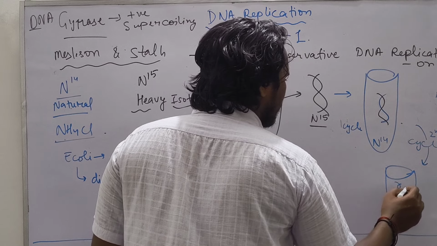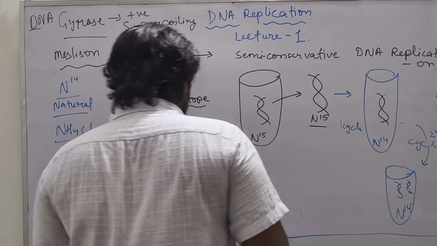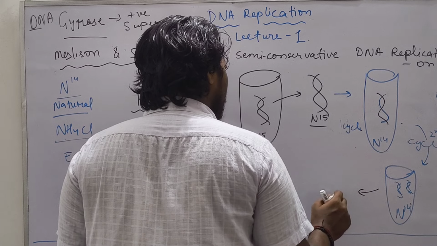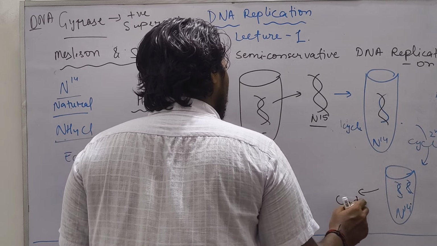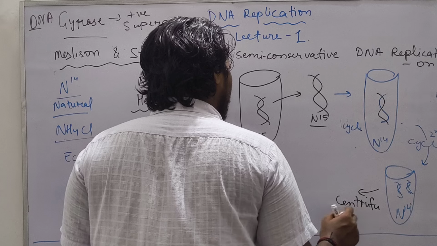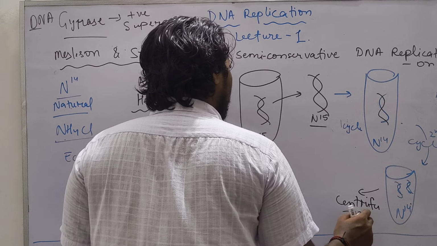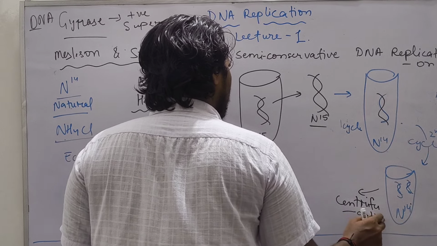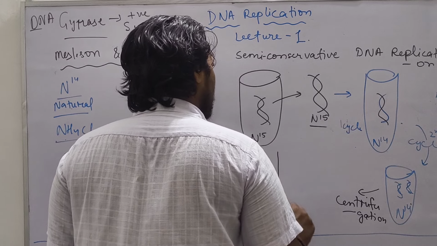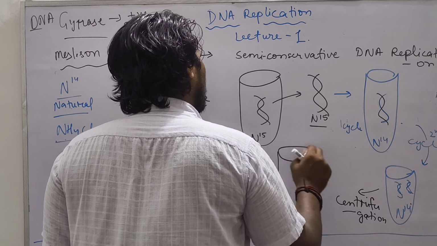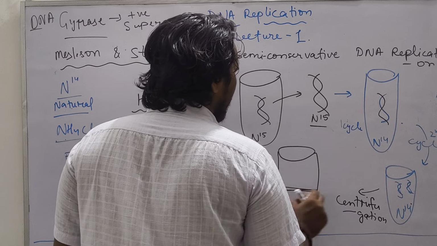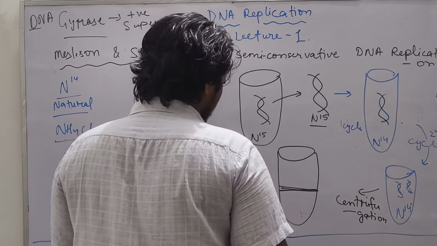Now I am making a DNA simply like this. They did a centrifuge. After centrifugation, they found two types of band. And they centrifuge into what?